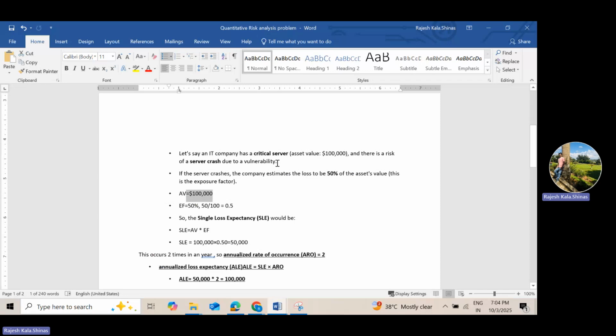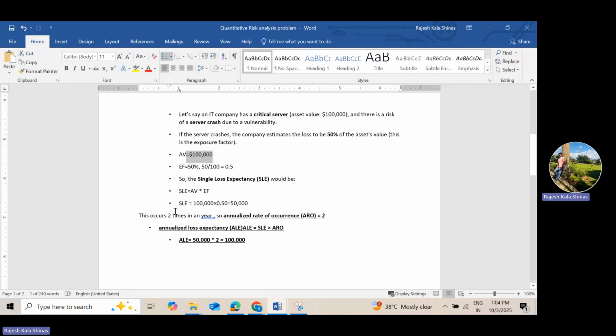If the server crashes, the company estimates that 50% of asset value will be lost. So exposure factor, EF, equals 50%. 50% means 50 by 100, that is 0.5. Now calculate single loss expectancy: SLE equals AV into EF. So $1 lakh into 0.5, you will get 50,000. That's the expected loss, single loss expectancy.